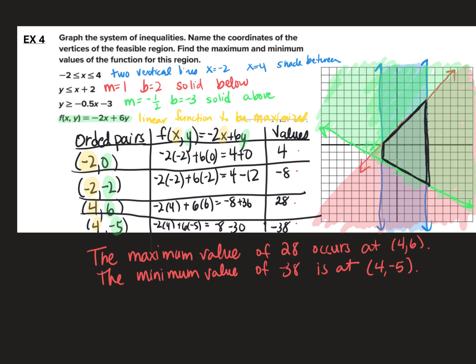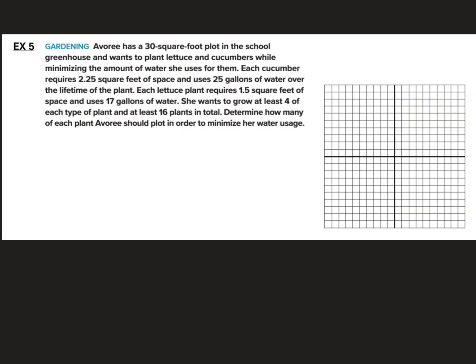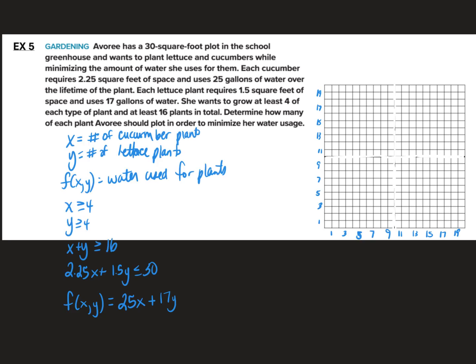I think we have one more. I have written all of the inequalities and the function equation that goes with this particular word problem. I want to go through it with you quickly so you can see where each of these came from.